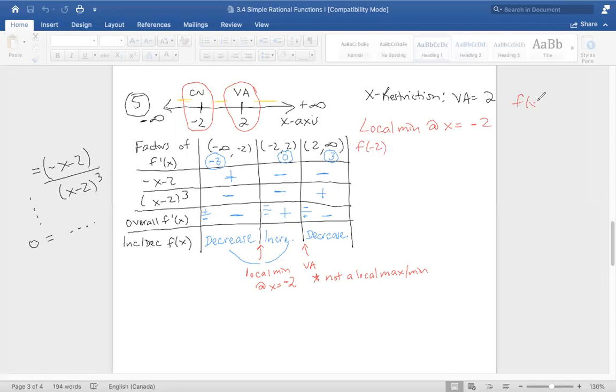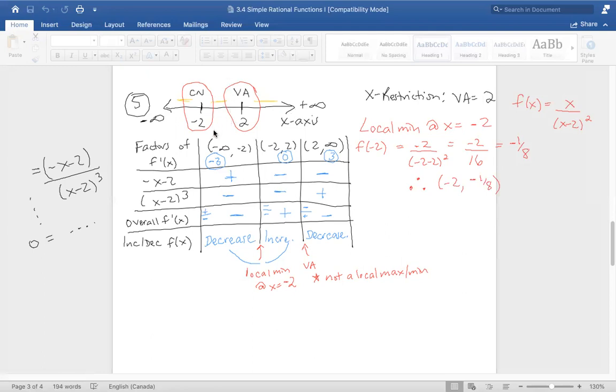F of x equals x divided by x minus 2 squared. Okay, so f at -2 would equal -2 on top divided by -2 minus 2 squared, would be -2 over -4 squared, would be +16, which in lowest terms would be -1/8. So therefore, my local minimum is at the point -2, -1/8.